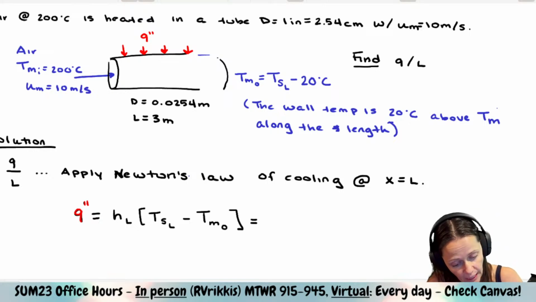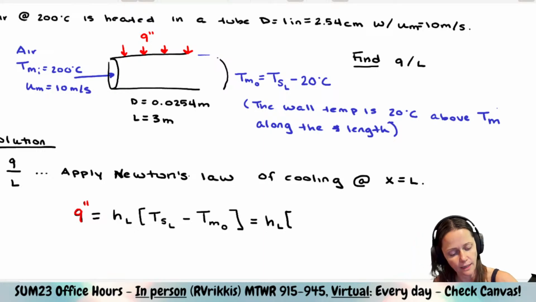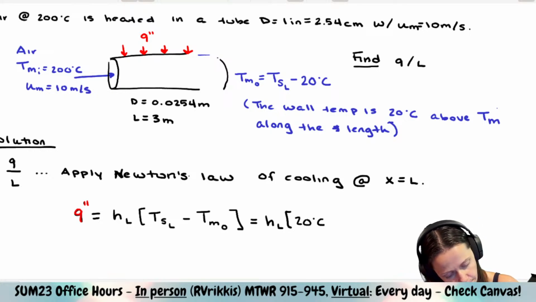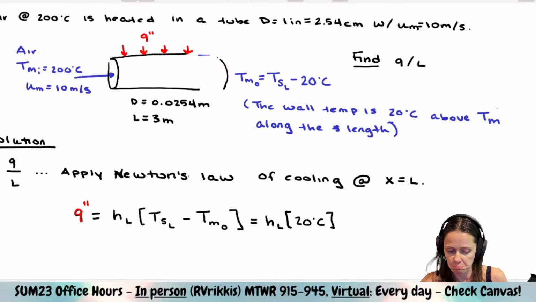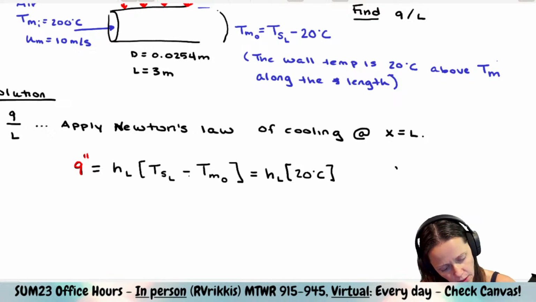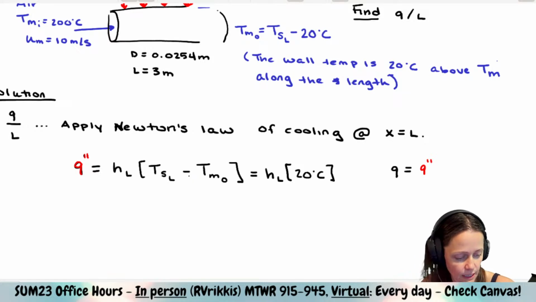There we go. And so now, when we plug things in, this becomes Ts at L minus the mean outlet temperature, so minus 20. So this is just times 20. And then I'll also note Q is going to be equal to my surface heat flux times that area, so pi dL.